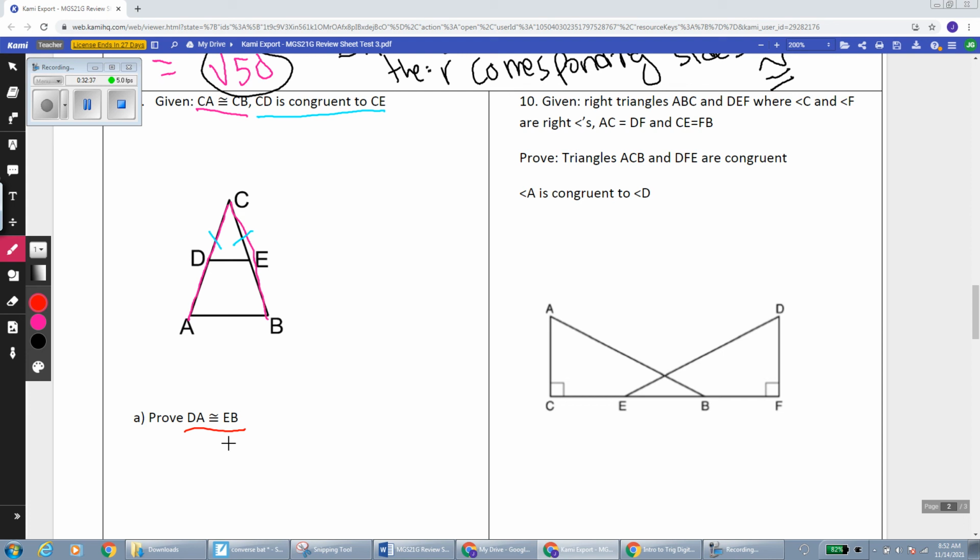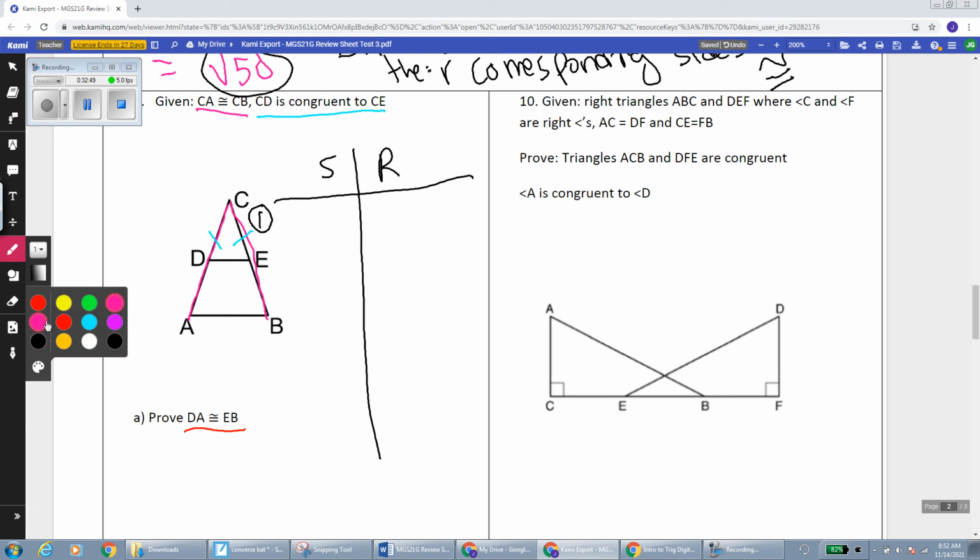Let me write up this proof so you can see what this is going to look like. So I'm going to make my 2-column statement reason chart, and sorry for the messy handwriting. I'm going to try to do this as best as possible. So we're told that CA is congruent to CB. Once again, I have awful handwriting, and that's given.